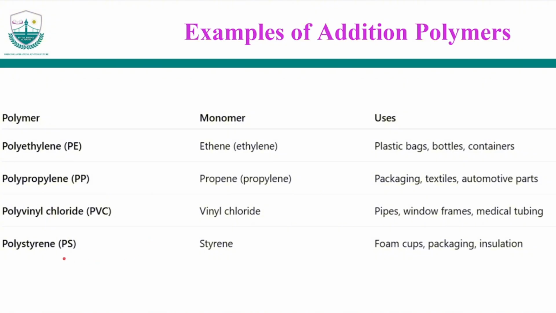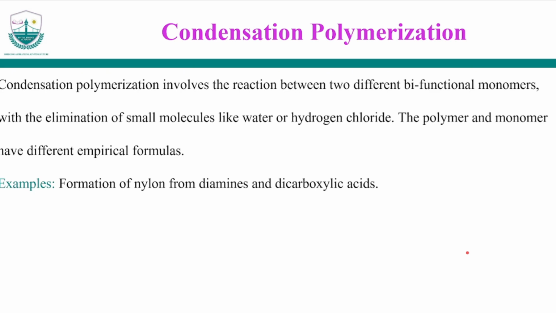And then the last addition polymer that we're talking about here is polystyrene, PS. The monomer is styrene, and we use them for making foam cups, packaging, and insulation.